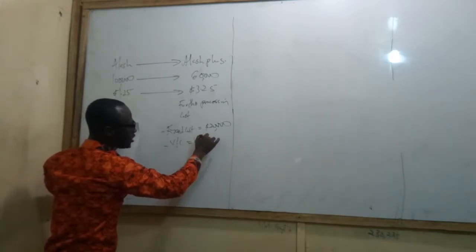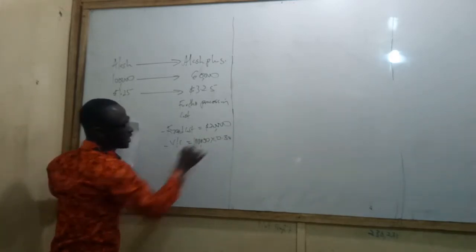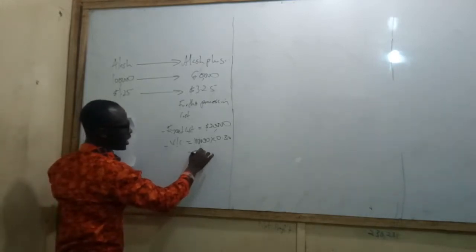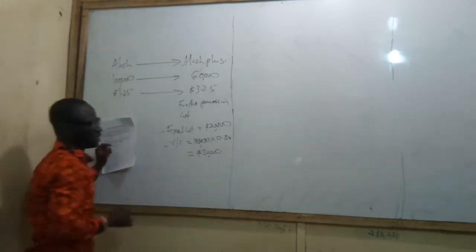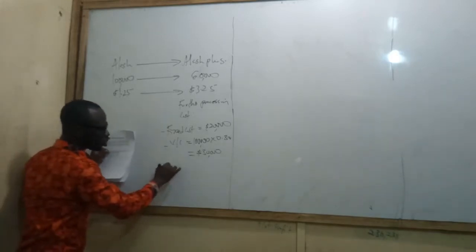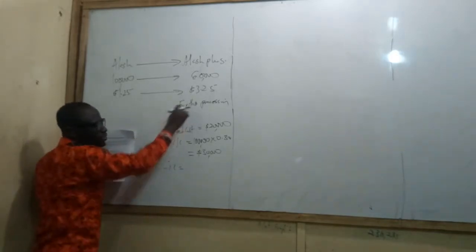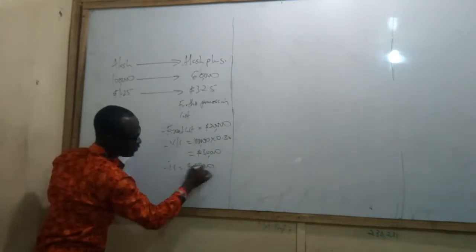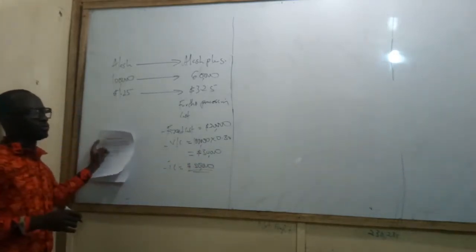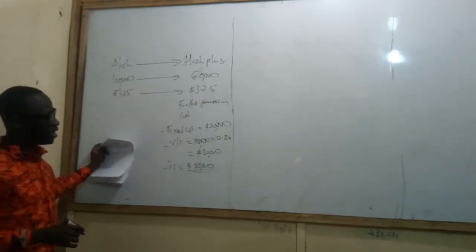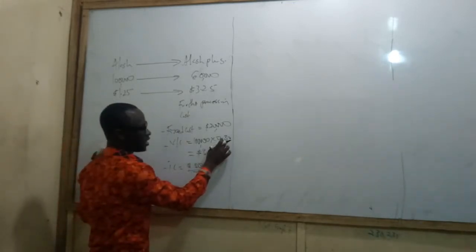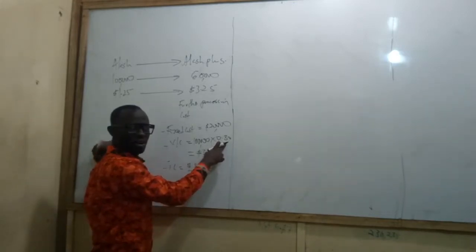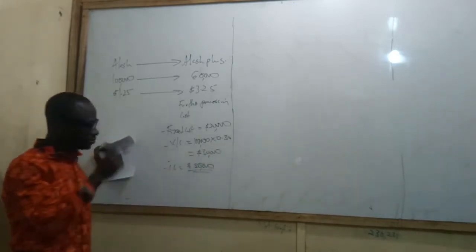So 100,000 times 0.3, 30 cents. What do we have? That should be $30,000, isn't it? So total cost of further processing will be what? This plus this, $50,000. Sorry, the 3,000 rather, because this is 0.3, it should be 30,000.